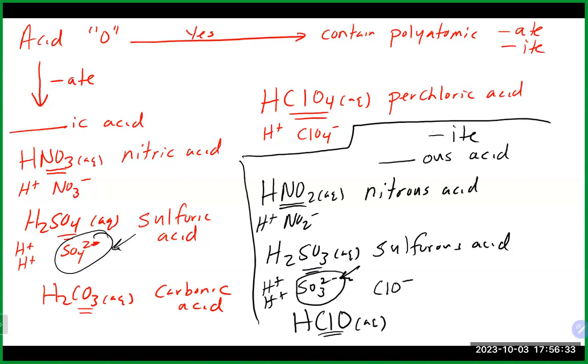It is hypochlorite, ITE, which means it should then become hypochlorous acid. So again, here with the ite, there is no hydro. So once again, you should not be using hydro with anything that has oxygen.